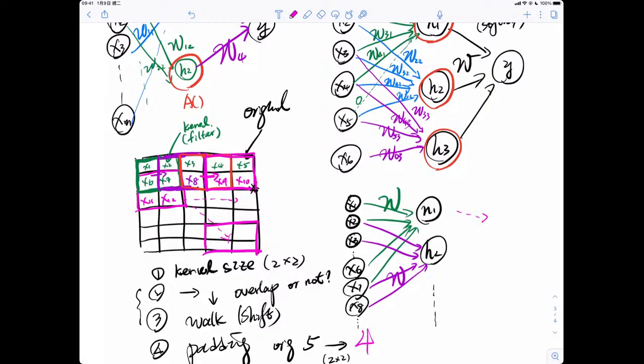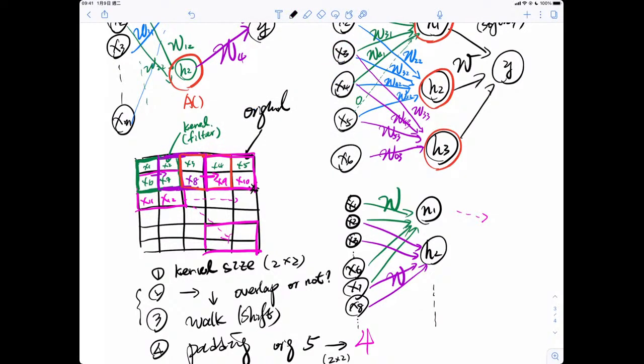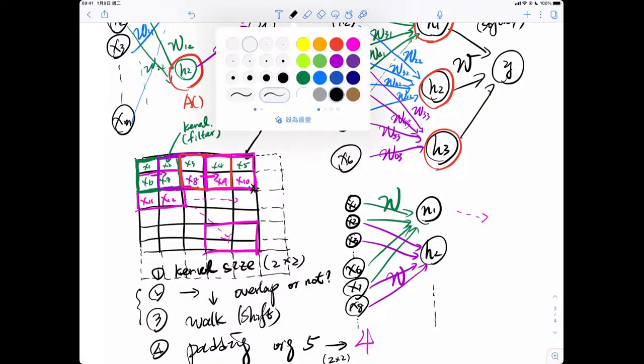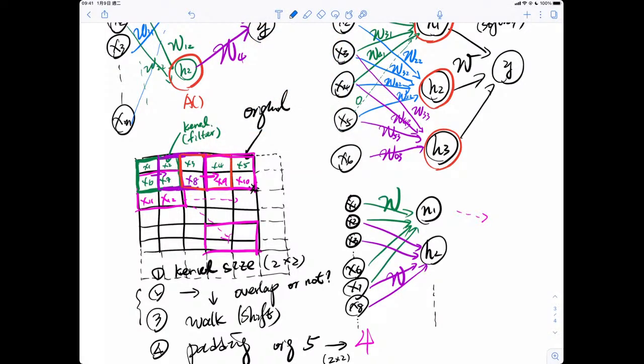Sometimes we ask the convolution layer to add one additional row and one additional column, so that when we move those kernels, there will be one extra place, and this can still output another result.